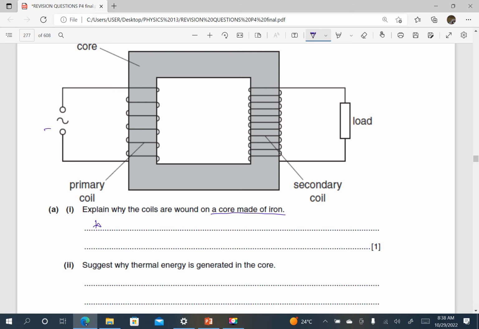So iron is to concentrate or to increase magnetic flux, or you can say to reduce flux losses.